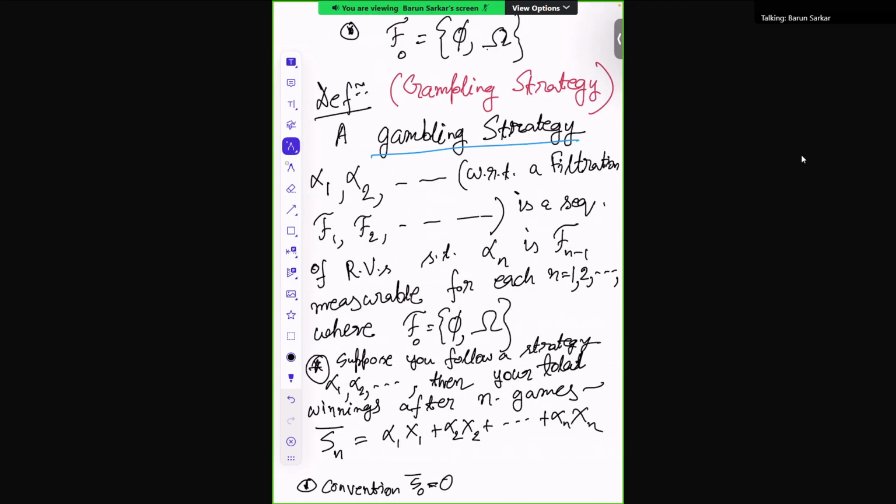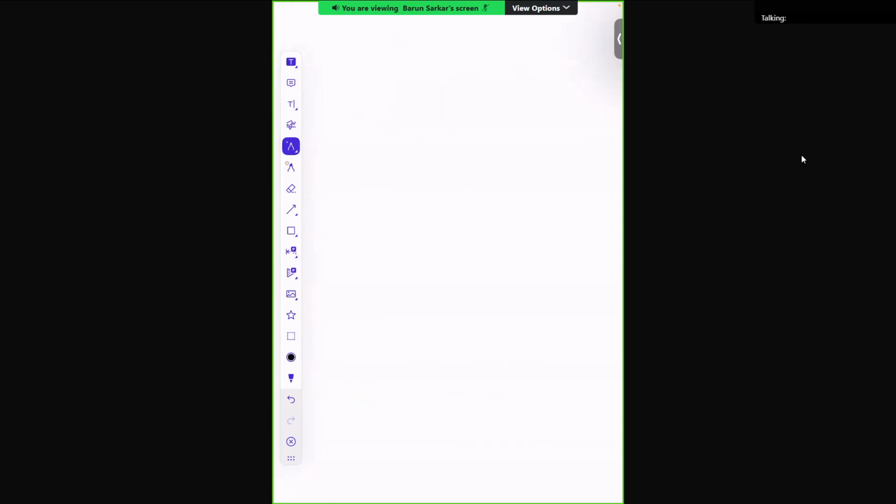So you can write this as alpha 1 into (S1 minus S0) plus alpha 2 (S2 minus S1) plus dot dot dot plus alpha n (Sn minus Sn minus 1).